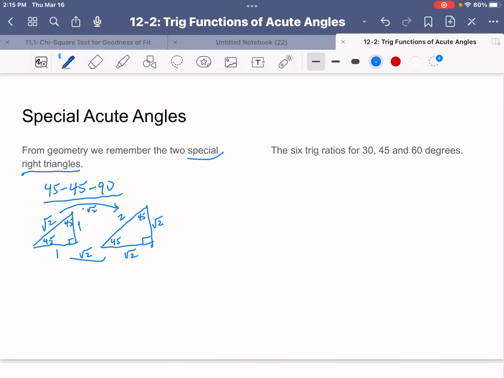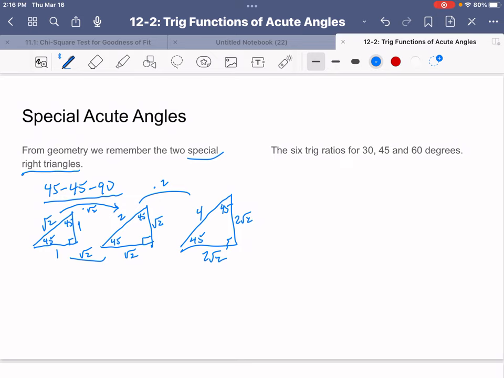So that's another 45, 45, 90 right triangle. Well, what if a 45, 45, 90 right triangle had a hypotenuse of 4? Well, that would be doubling everything. So if I double everything, then that would be a 2 root 2 and a 2 root 2. You'll see what we're going to do with this in the next part of this lesson.